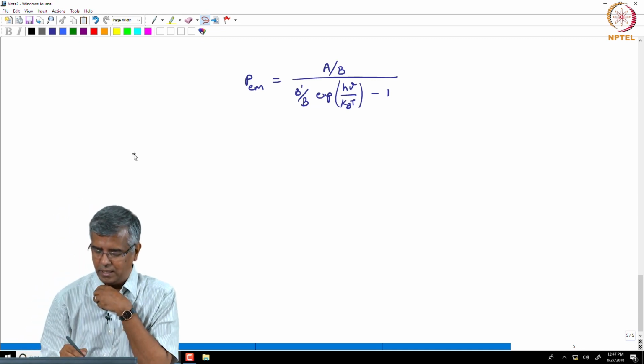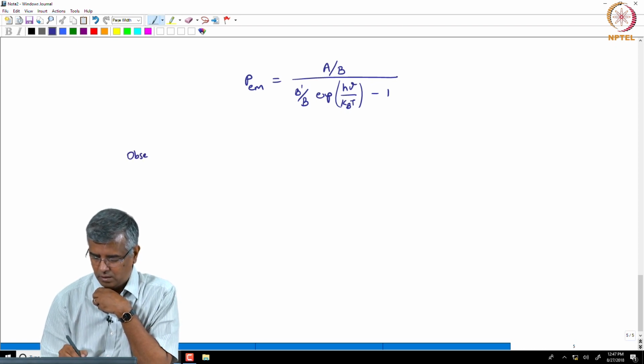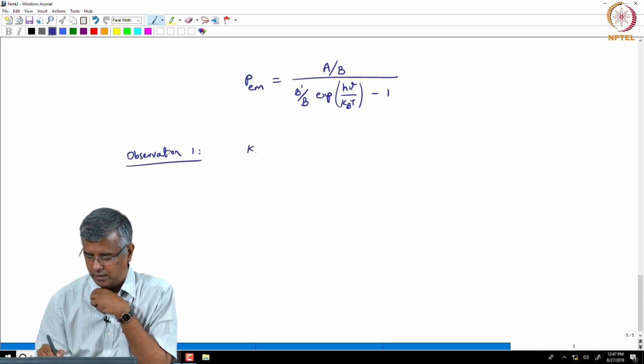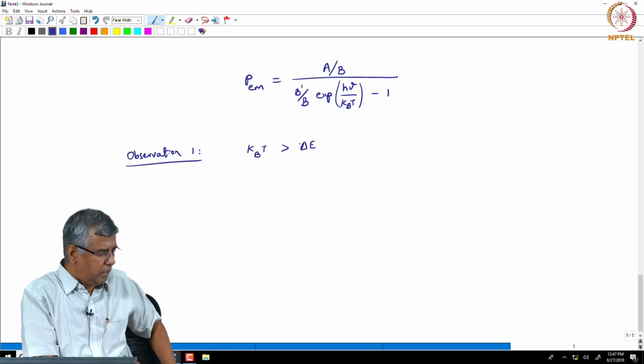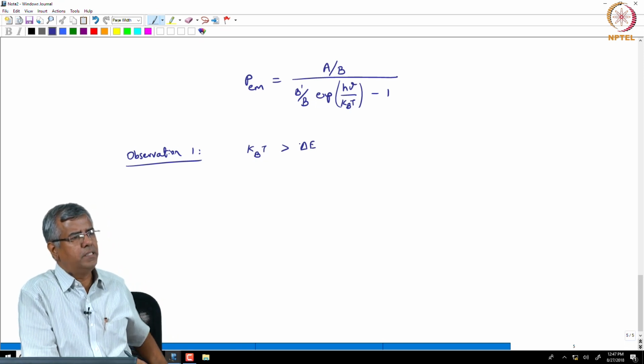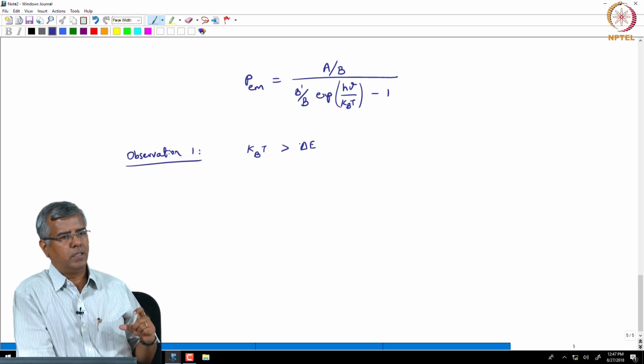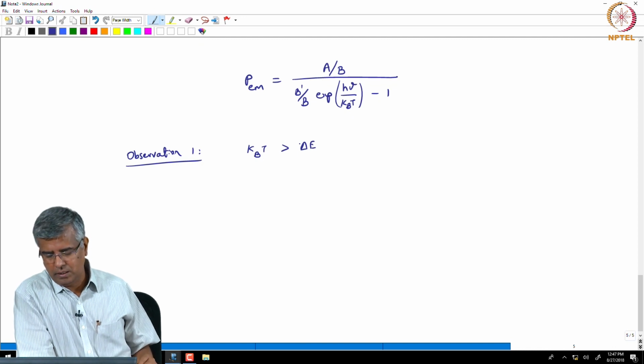Specifically, one observation would be that kBT is greater than delta E, the energy difference between the two energy levels we are considering.